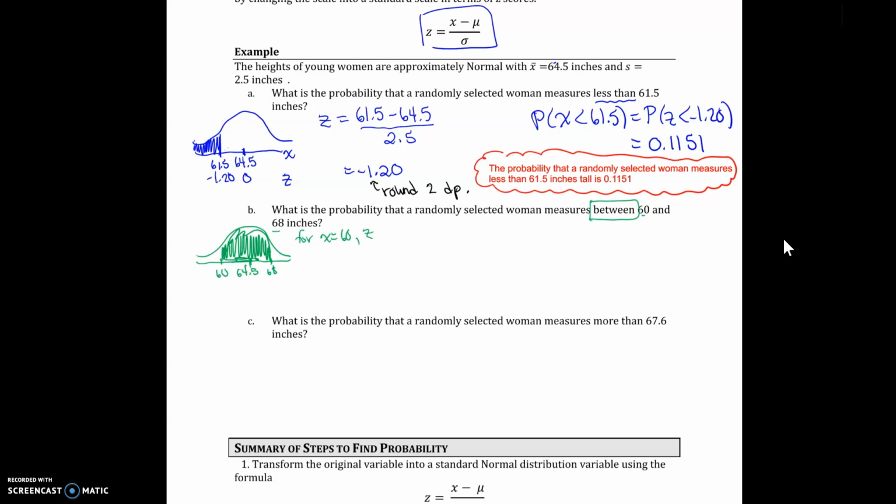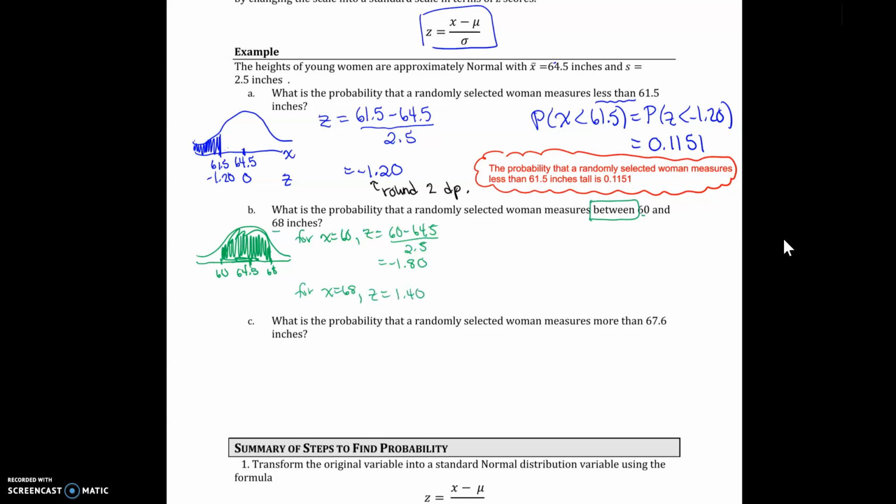Z for that value will work out as follows. If we put it into our calculator, do it alongside me, it works out to negative 1.80. For x equals 68, again, if we do the calculation, it turns out to be positive 1.40.